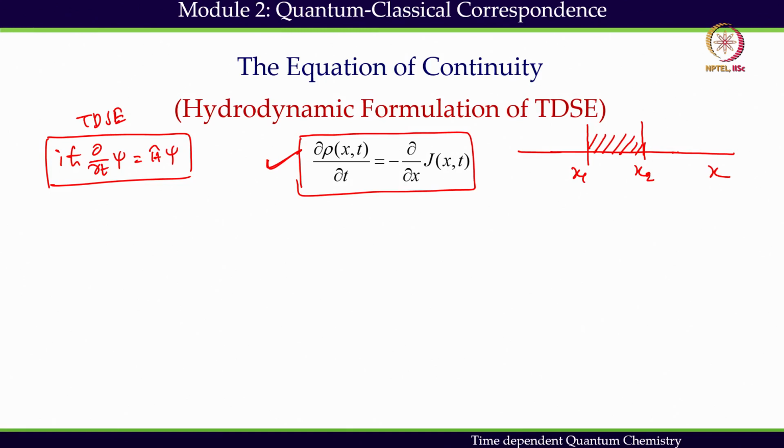It is the density which we can directly observe. So the equation of continuity can be directly connected to the experimental observable. That is the major difference. Otherwise, they are different mathematical forms of the same hypothesis, quantum mechanics.